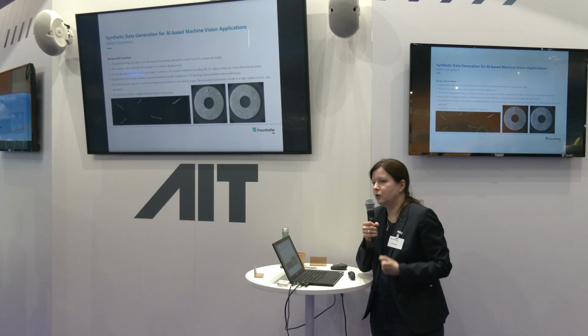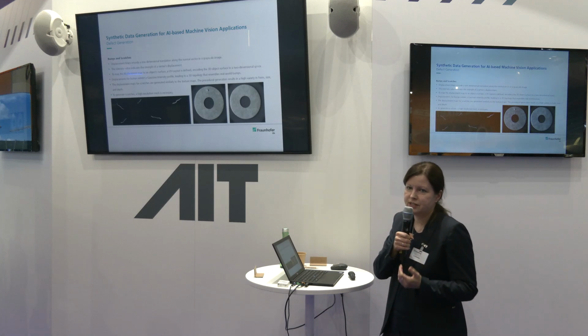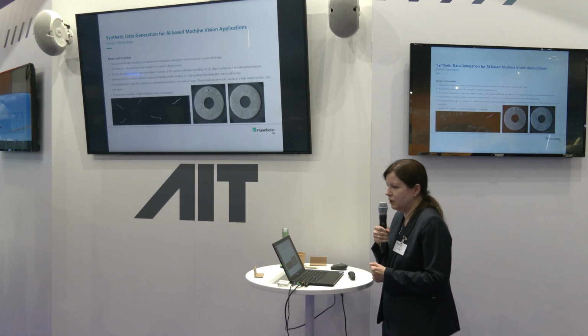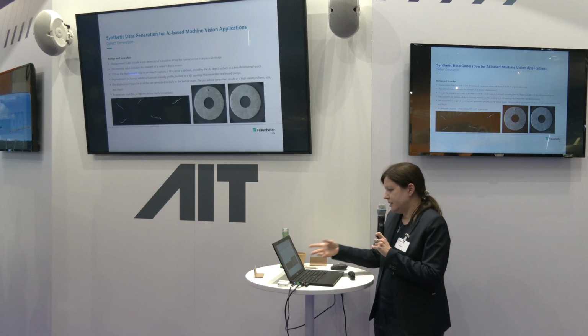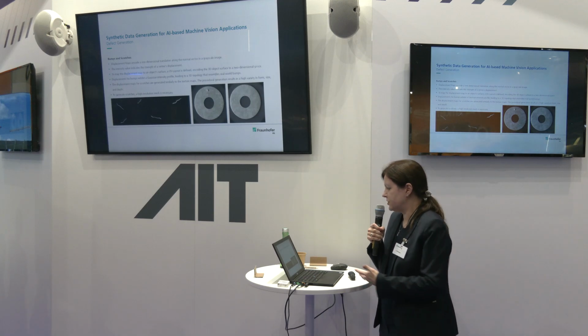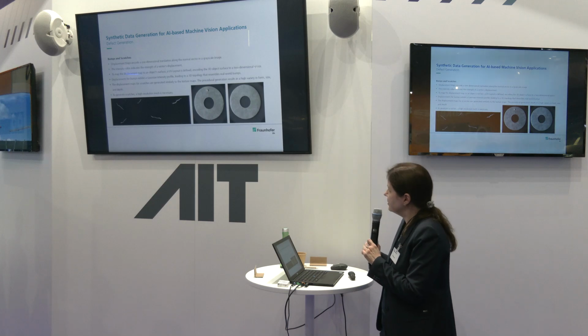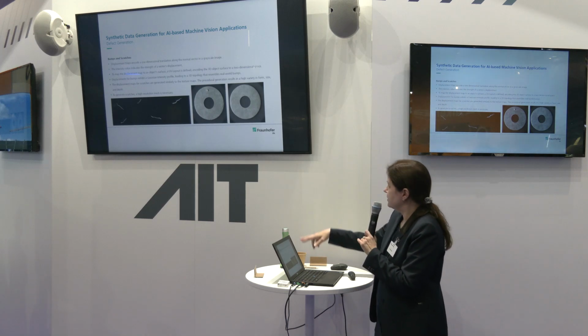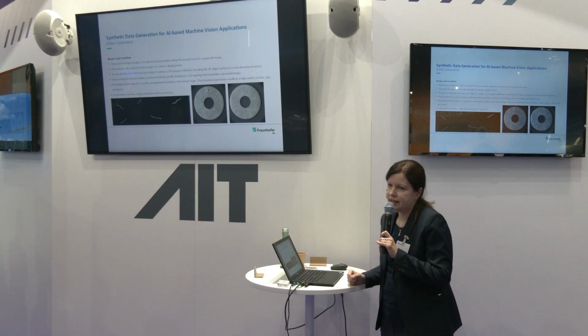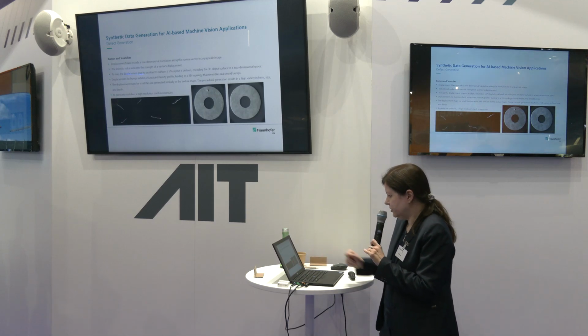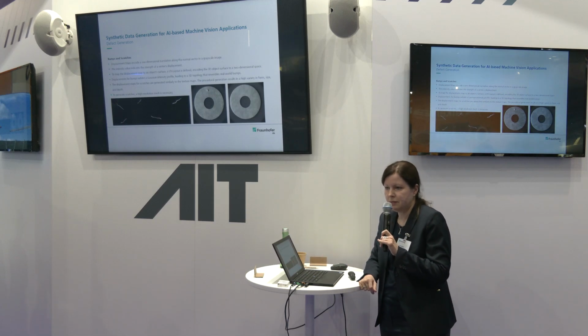And of course the defects, this is the reason why we want to simulate, we want to have enough defect images. For example, we have scratches here on these washers. These are metal parts, and we can simulate scratches by using these displacement maps.